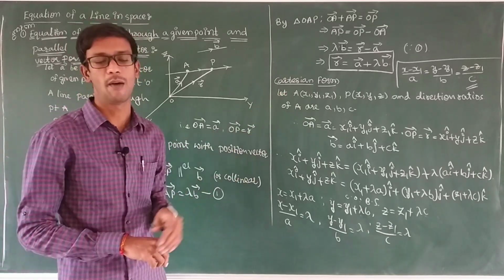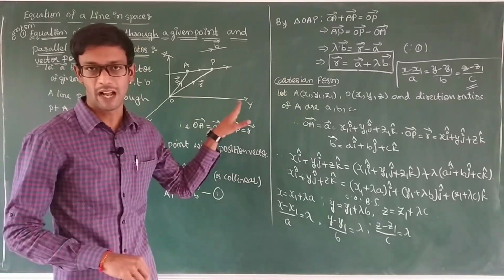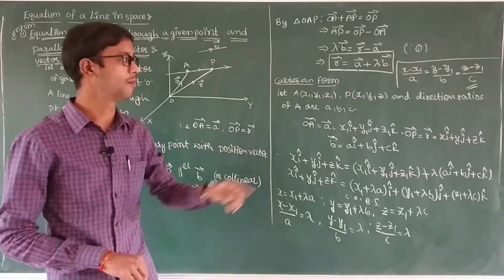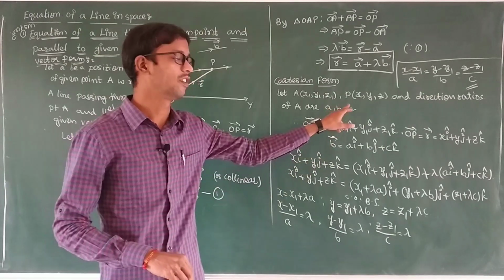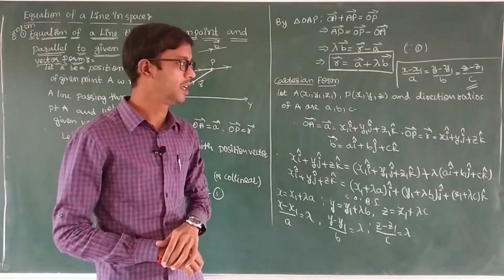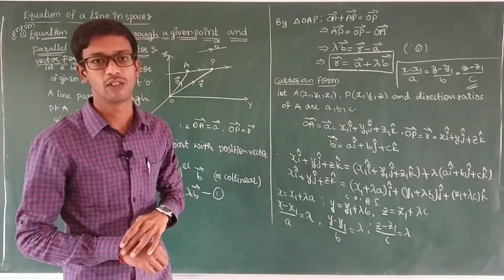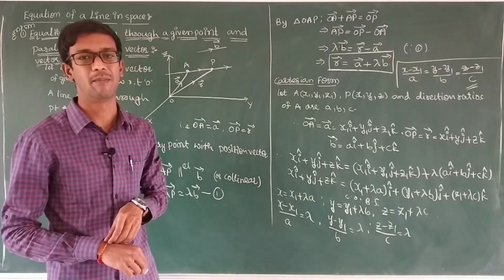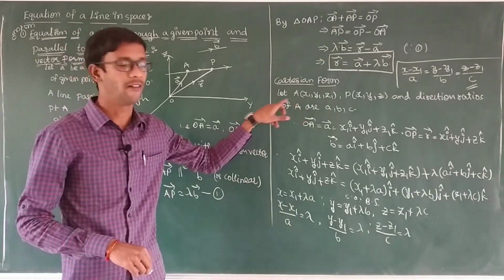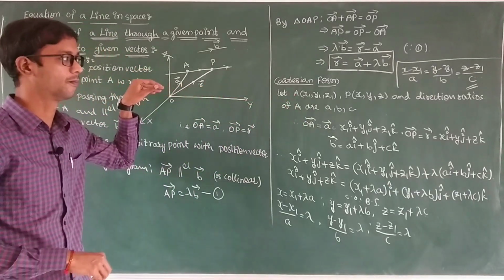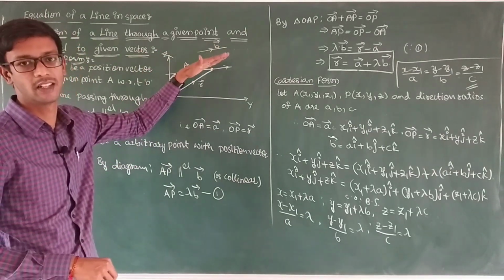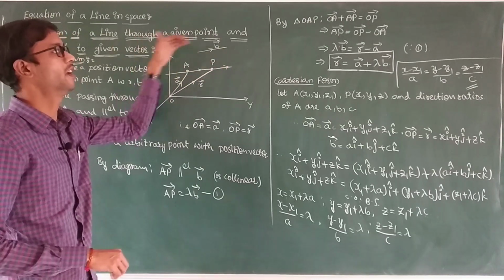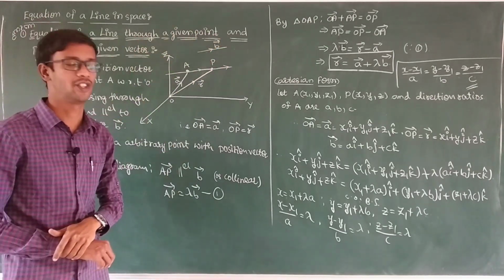Next, the Cartesian form of a line. Same line, Cartesian form. Just taking points: x1, y1, z1 is the point A, x, y, z is the general point, and the direction ratios of the line are a, b, c. This line has a, b, c as the direction ratios, so B bar also has the same direction ratios.